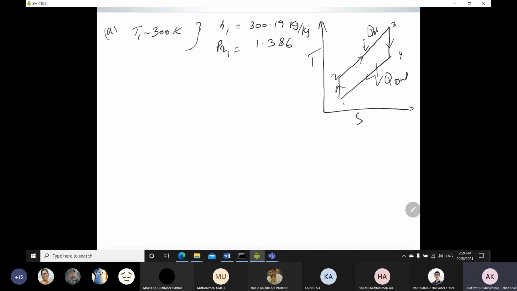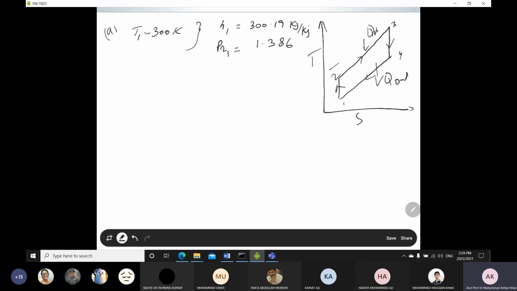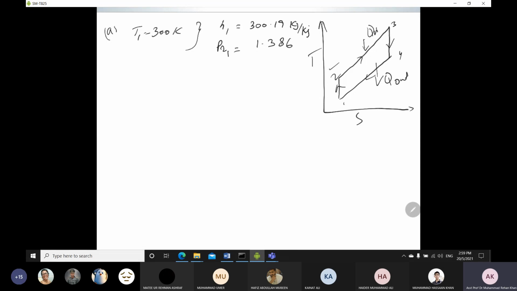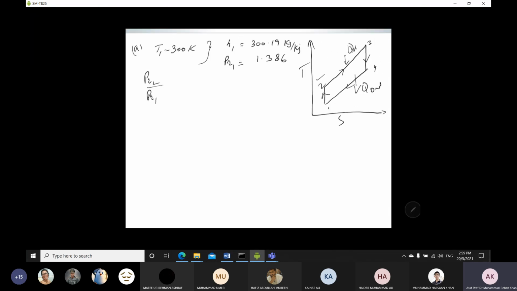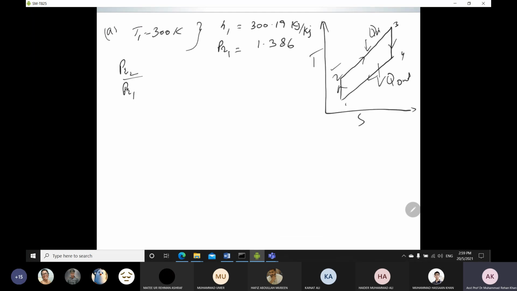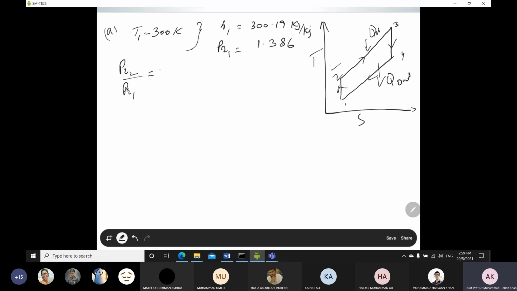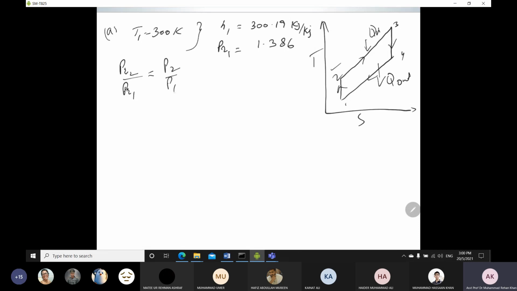Now the H1 value is known to us, so we move towards point number 2. For point number 2, we need another parameter, so we can find PR2 first, and then use PR2 as a reference point in the thermodynamic table. PR2 over PR1, for the isentropic process, is equal to P2 over P1.